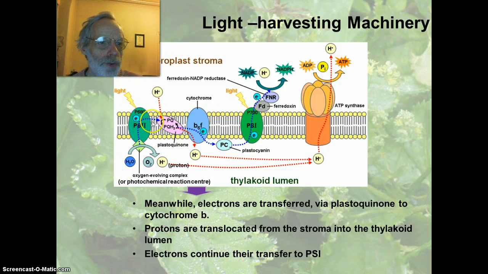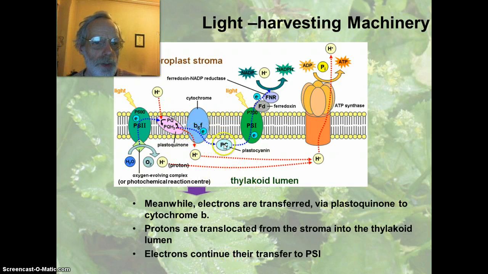Named after a biochemist called Hill. Meanwhile, electrons that have been split off from the water are transferred via plastoquinone to cytochrome B. So the blue dotted line is the path of electrons. Protons are translocated from the stroma because this is a reduction oxidation reaction. So protons are sucked in from the stroma and carried along with the electrons, and then plastoquinone gives up the electron to cytochrome and gives up the proton to the thylakoid lumen.